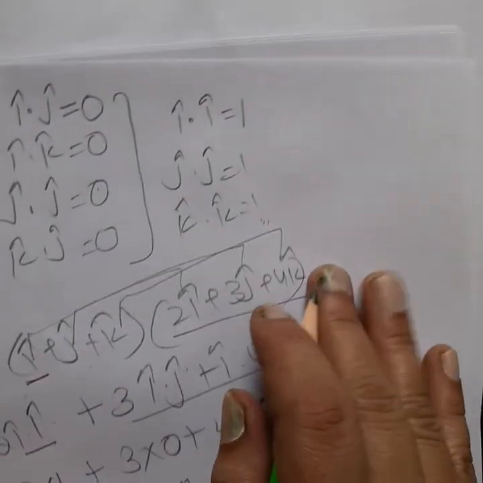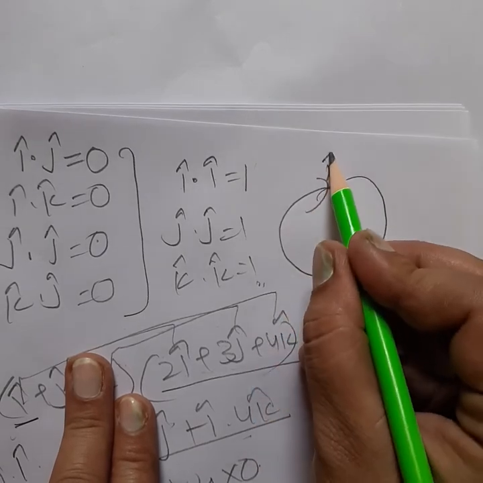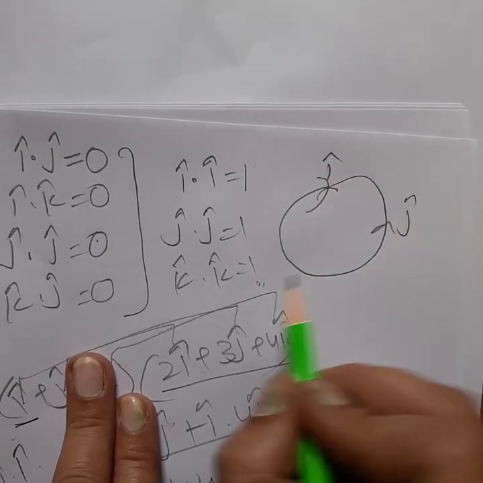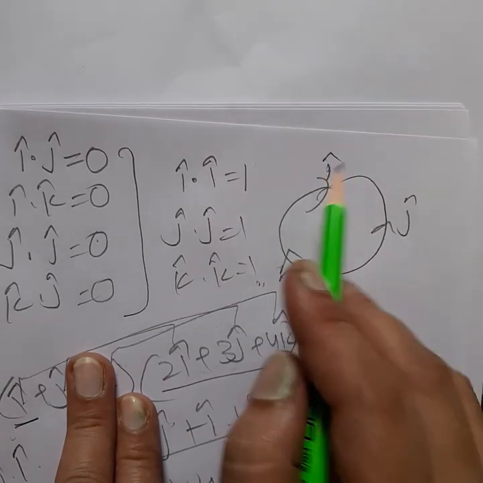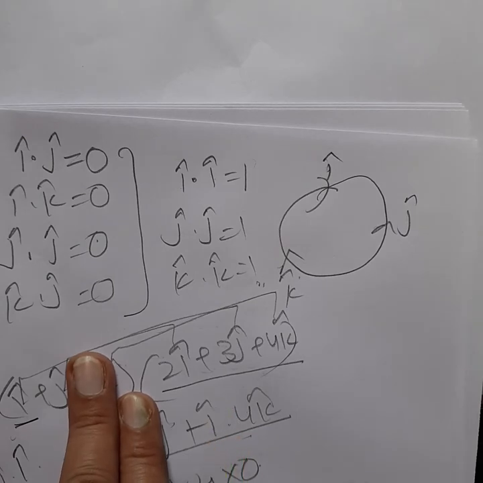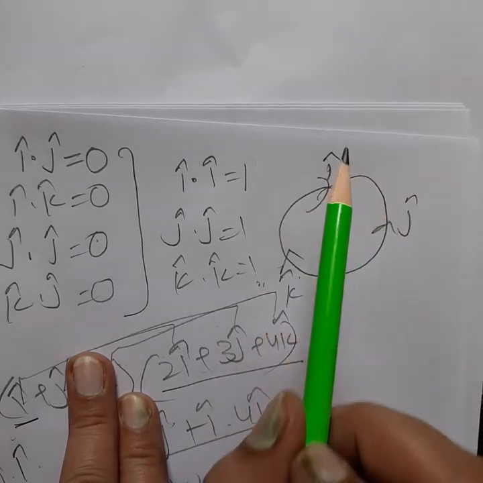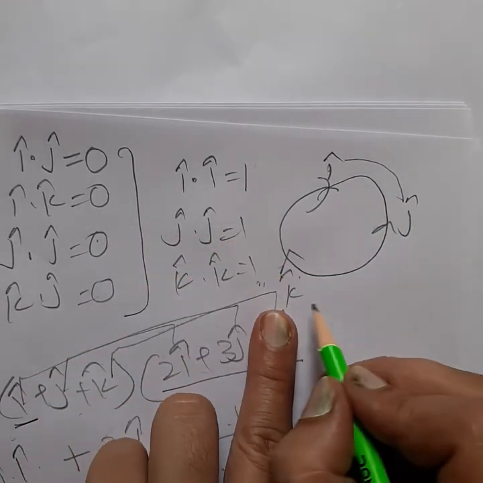Just 1 minute, and we can write here i, j and k as a cycle, and you can remember it: i dot i is 1, because this is the dot product, and when we are using the vector product, I will tell you the same formulas at that time.